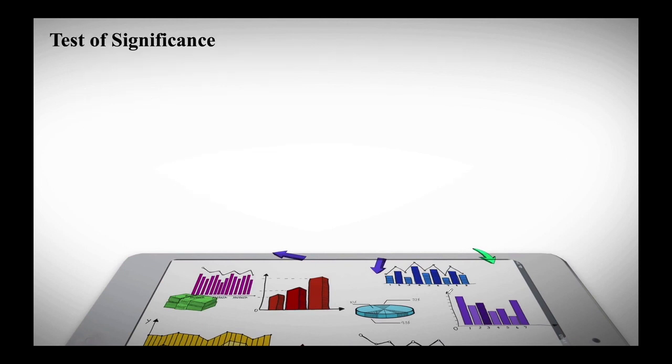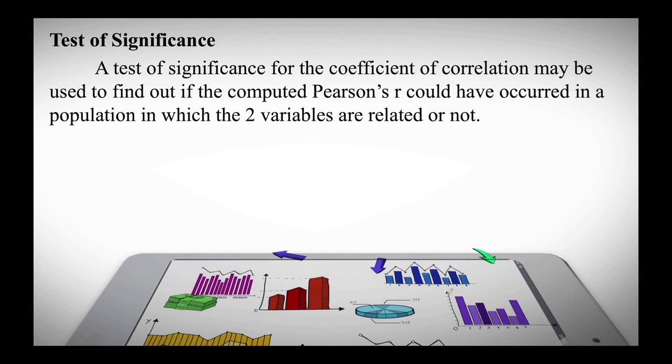Anyway, so we also have here the test of significance na tinatawag. When we say test of significance, this is a test of significance for the coefficient of correlation, which may be used to find out if the computed Pearson's R could have occurred in a population in which the two variables are related or not.